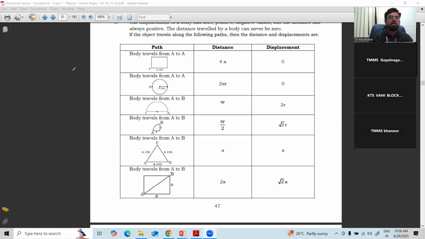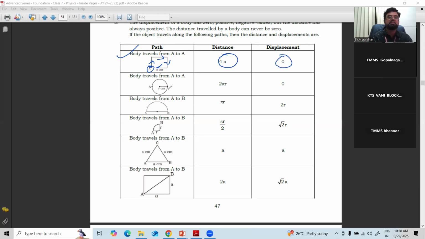See, first, body travels from A to A, means started from A, it moved like this, from here, again came back to A. So how many sides are there? 4 sides. A is each side. Distance is 4A: A plus A plus A plus A. Right? Whereas as it came from A to A again, initial position and final position are the same, displacement is 0.